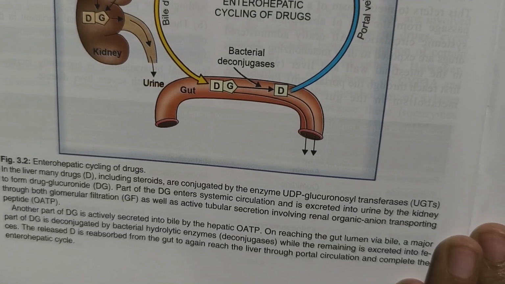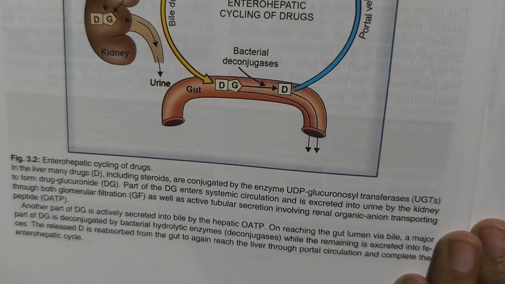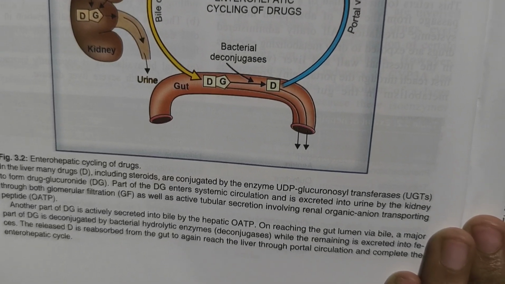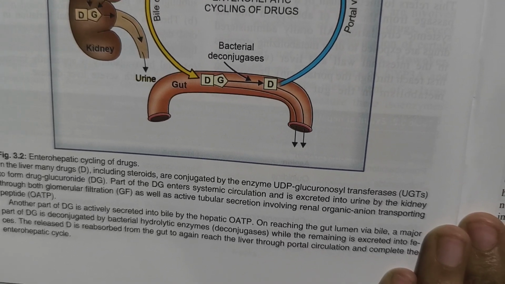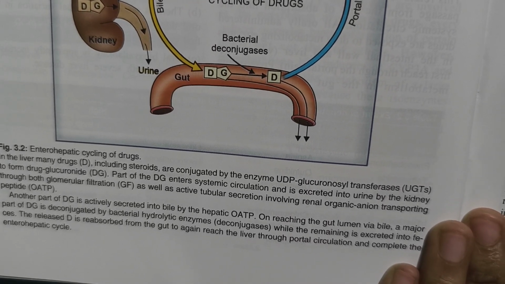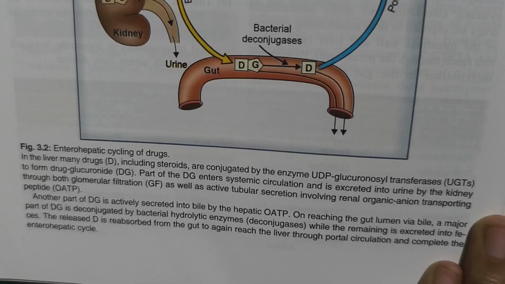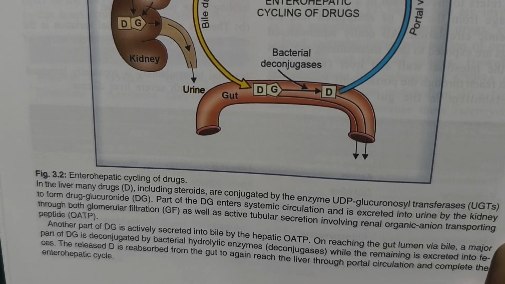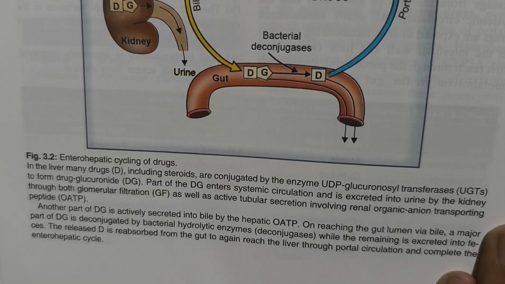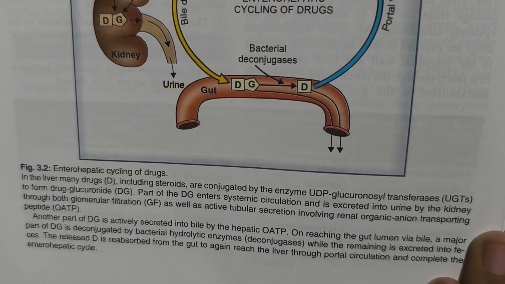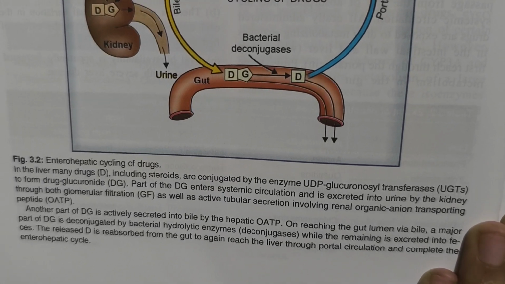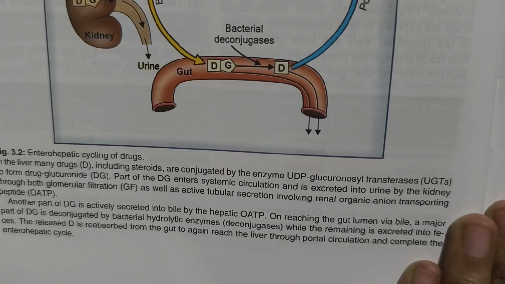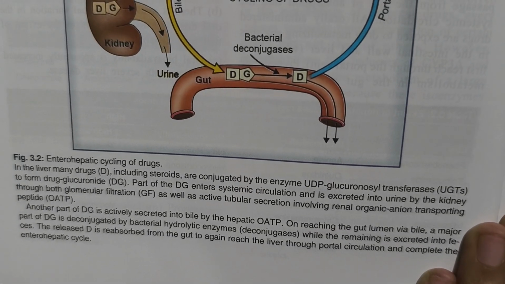Another part of DG is actively secreted into the bile by the hepatic OATP. On reaching the gut lumen via bile, a major part of the DG is deconjugated by the bacterial hydrolytic enzyme deconjugase, while the remaining is excreted in feces.